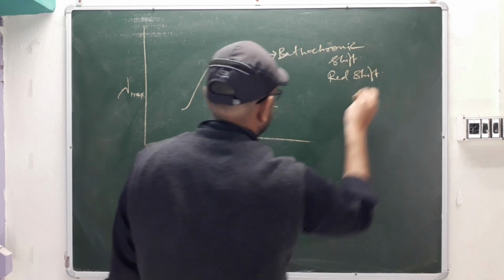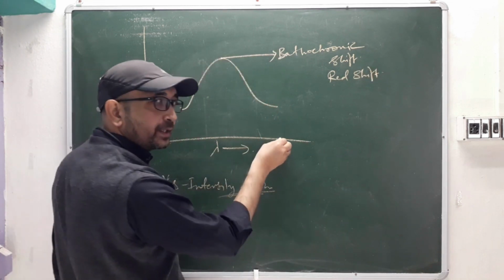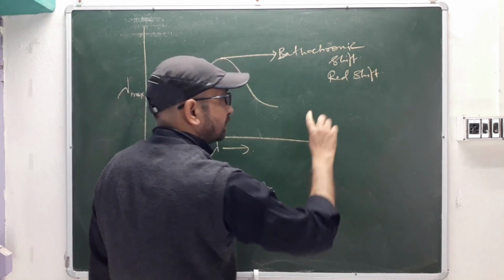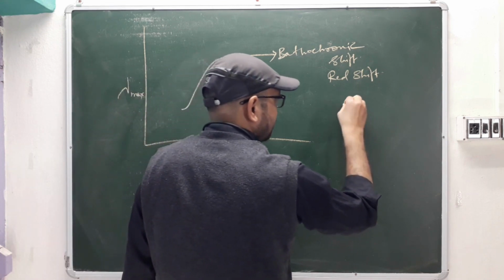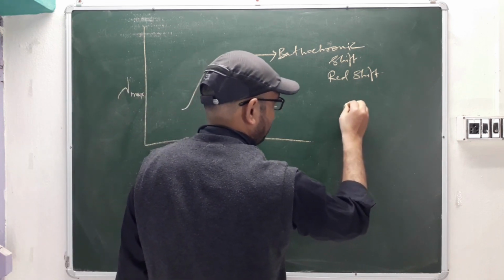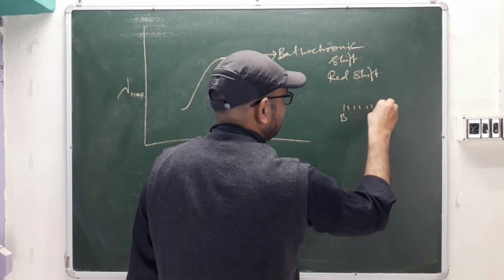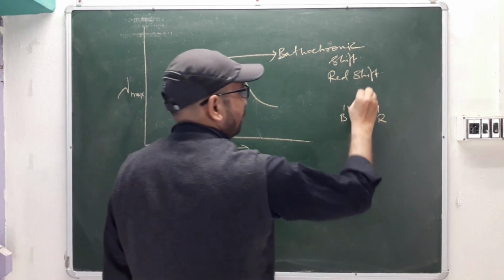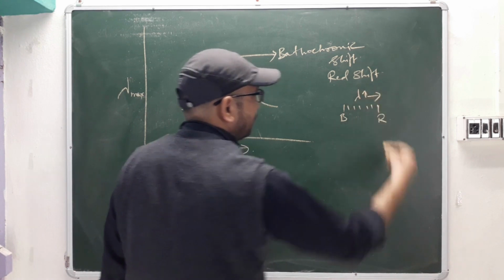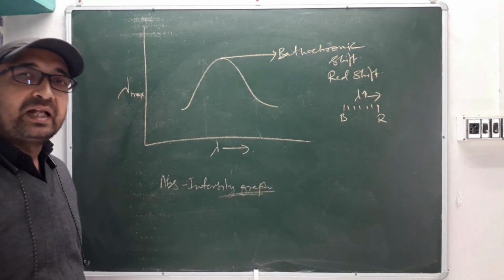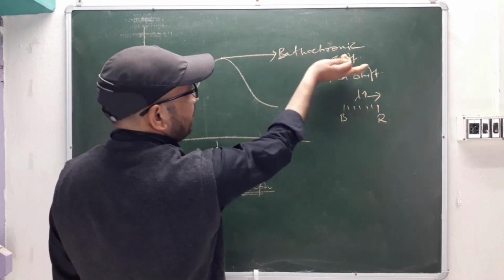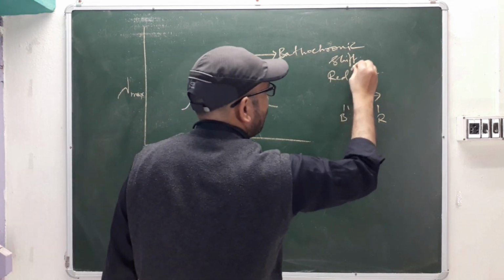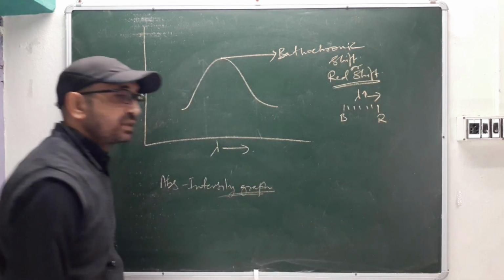Why red shift? Because your wavelength is increasing, and we know that in the visible spectrum the least wavelength is for blue and the more wavelength is for red. So wavelength is increasing in this way, correct? So red color has more wavelength, that's why bathochromic shift's other name is red shift.